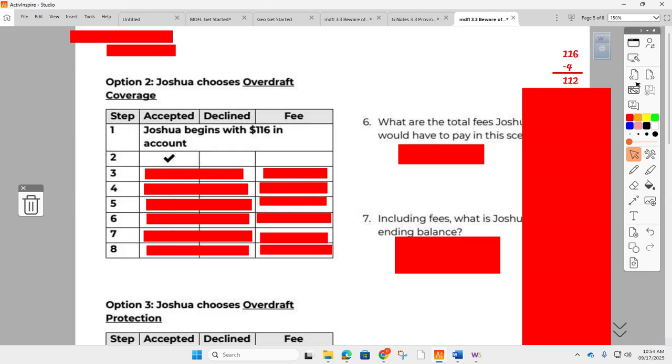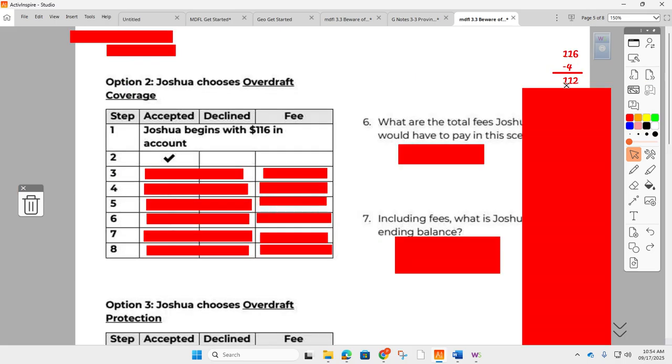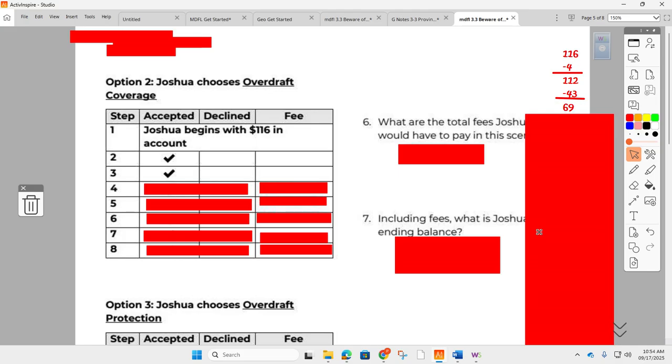Gas in his car for $43. He still has $43, so can you think of a reason why they would deny it? No. And of course there's no fee, but we do need to subtract that from his balance. So now he's down to $69. So far, so good, same exact thing, right?